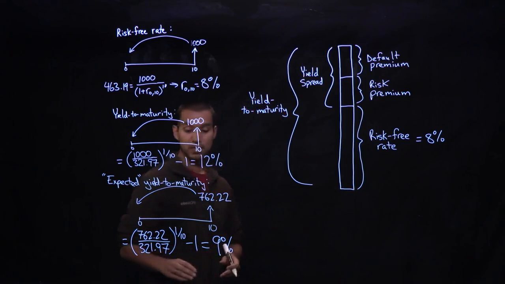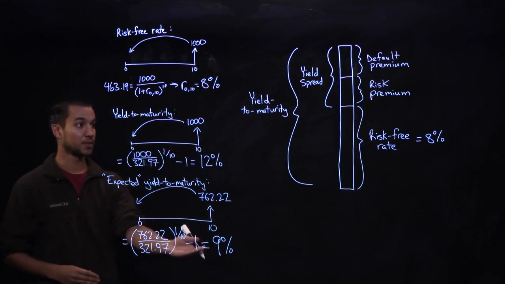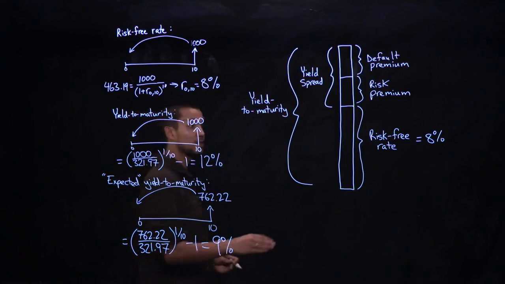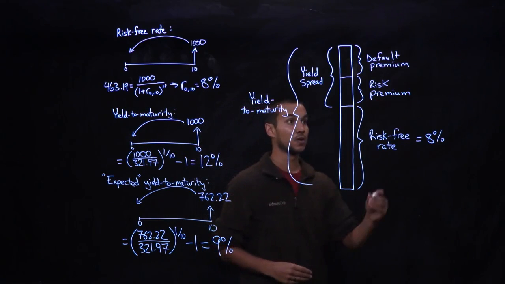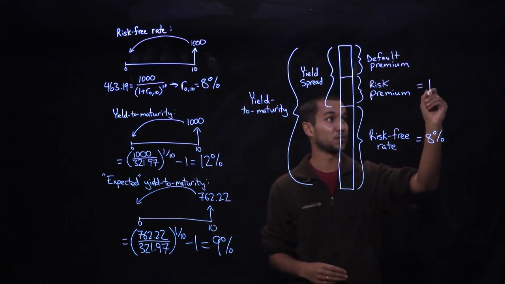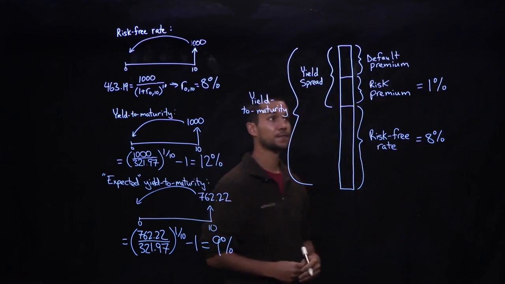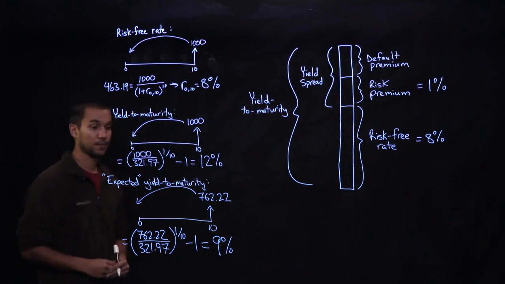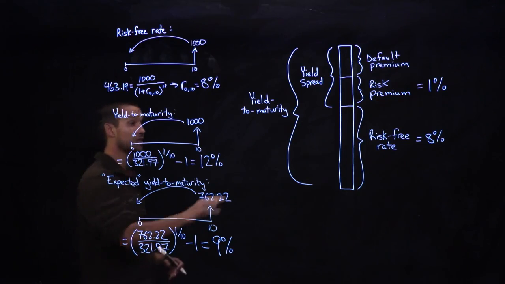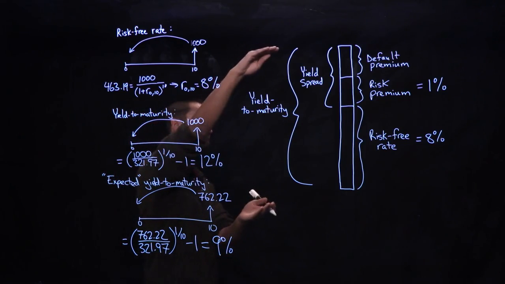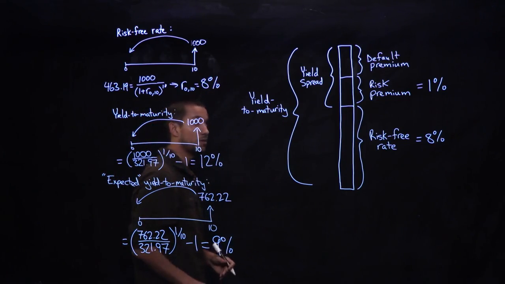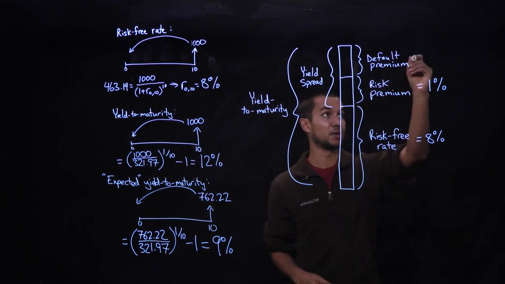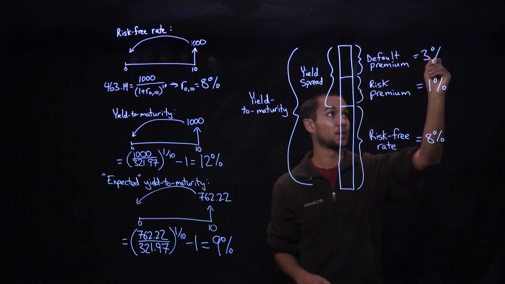And so if the expected yield to maturity is 9%, and the risk-free rate is 8%, we see that our risk premium is going to be equal to 1% per year. And finally, once we've calculated the risk premium and we know the yield to maturity is 12%, we find that the default premium is going to be equal to 3% per year.